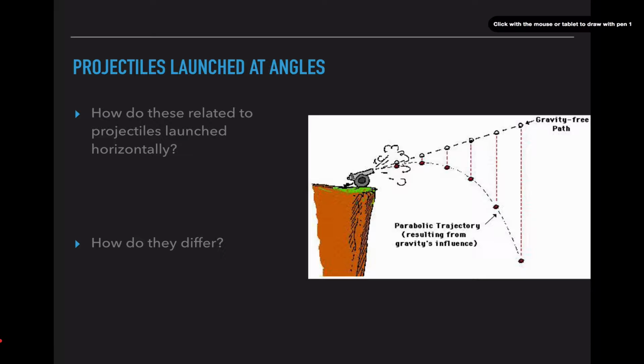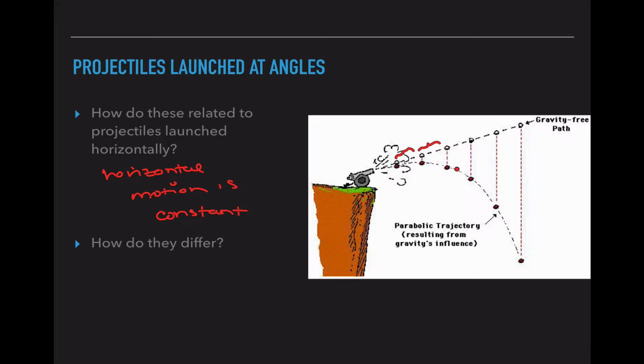How do they relate to a projectile that is launched horizontally? If we notice, these distances are the same again, just like they were in the last video. So our horizontal motion is constant, just like it was in the past.